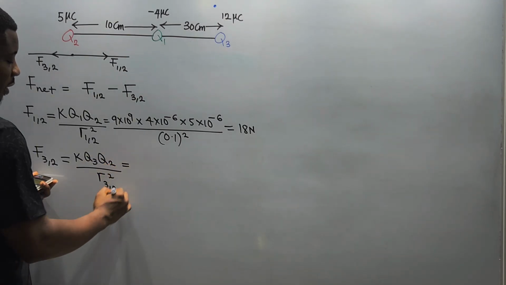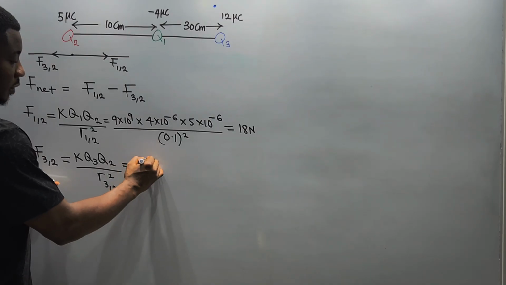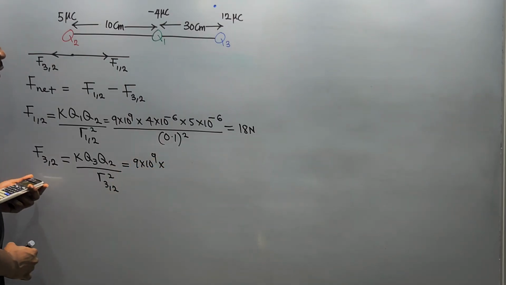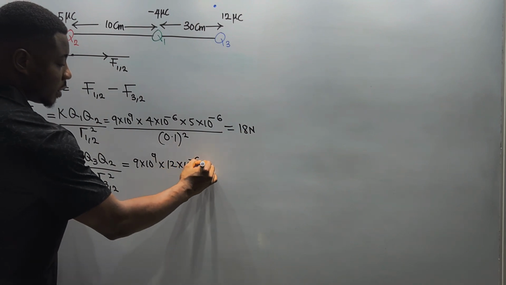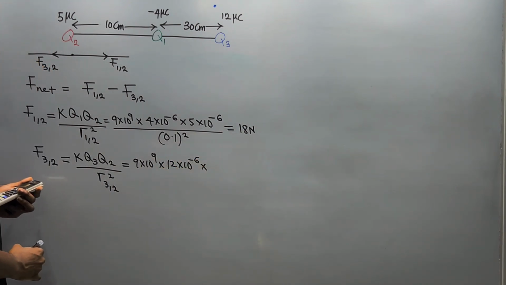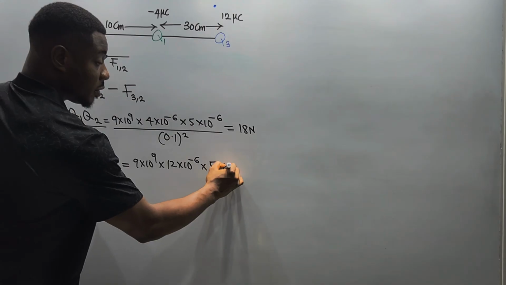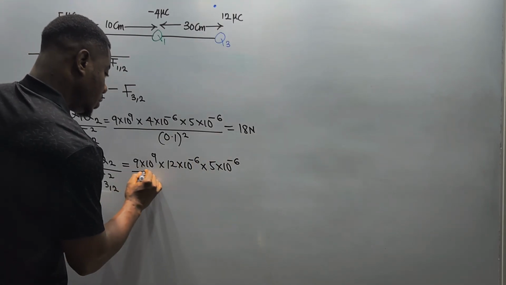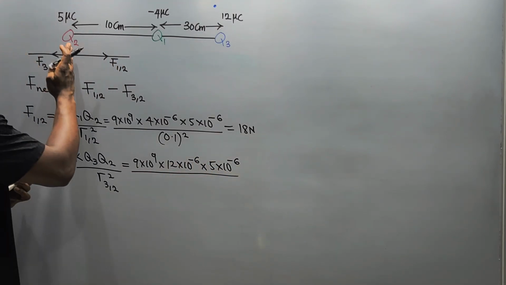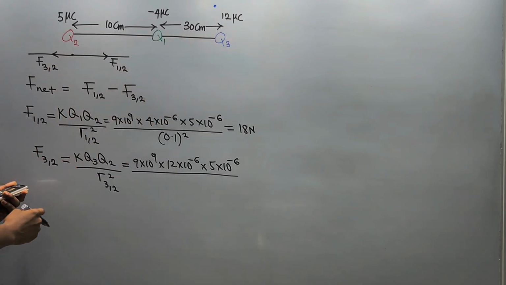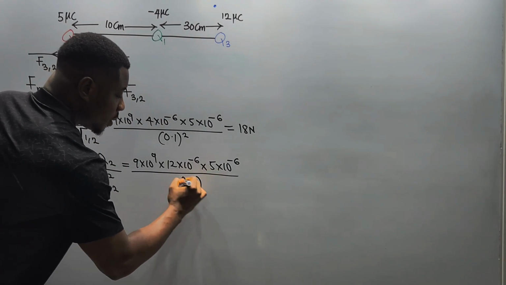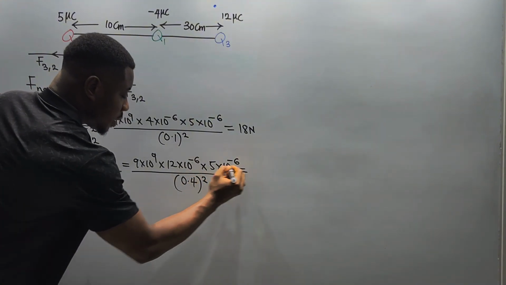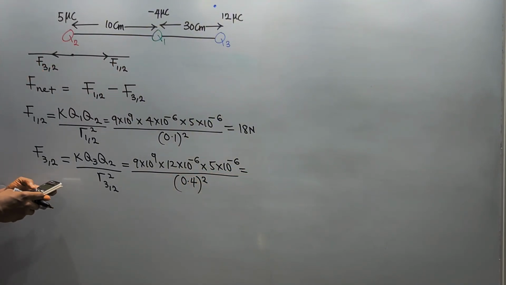So we apply our values again. K is 9 times 10 raised to the power 9. Q3 is 12 times 10 raised to the power negative 6. Q2 is 5 times 10 raised to the power negative 6, divided by the distance from 3 to 2, which is 40 cm, or 0.4 meters. So we square it and use the calculator again.